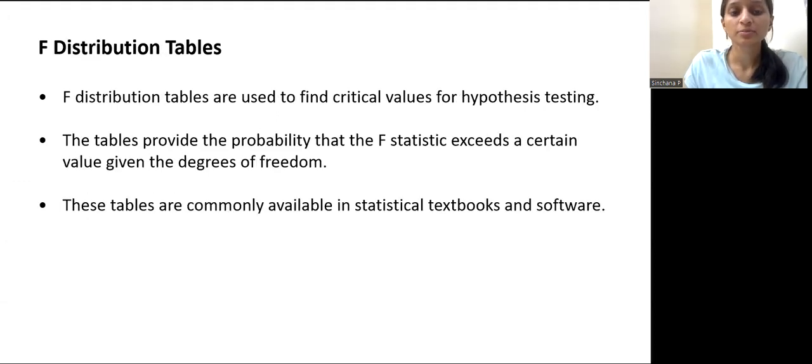F distribution tables. F distribution tables are used to find the critical values for hypothesis testing. The tables provide the probability that an F statistic exceeds a certain value given the degrees of freedom. These tables are commonly available in statistical textbooks and software.